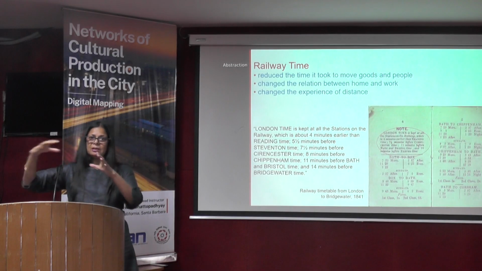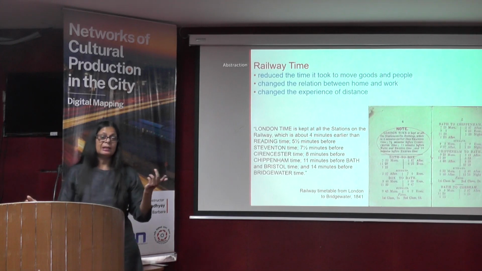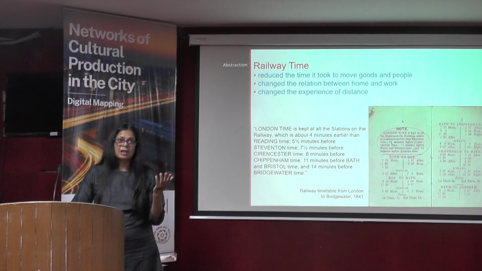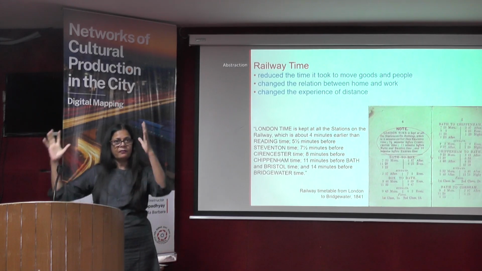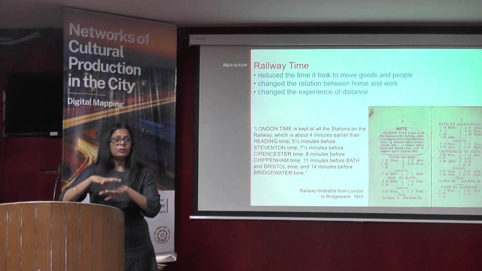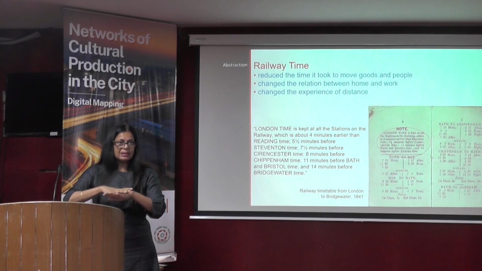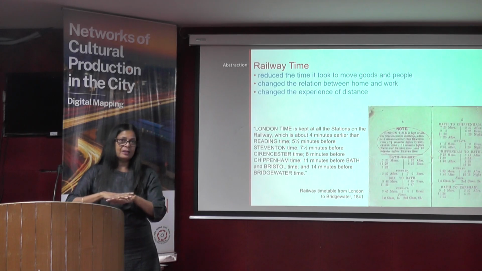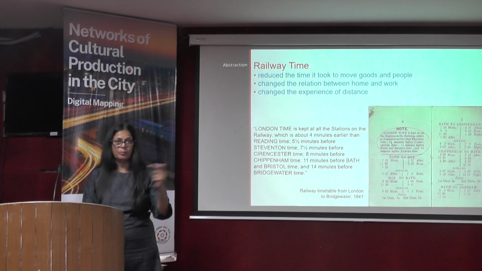So they came up with railway times, which ultimately became time zones. In other words, entire stretches of country fall under one time regime, which impacts how you conduct business. It affected how railways moved, in other words, how goods moved, how people moved.